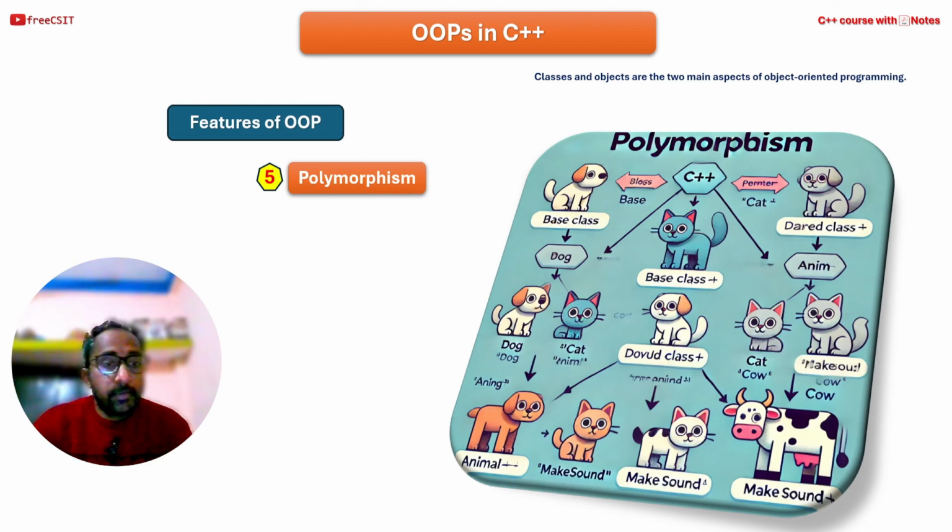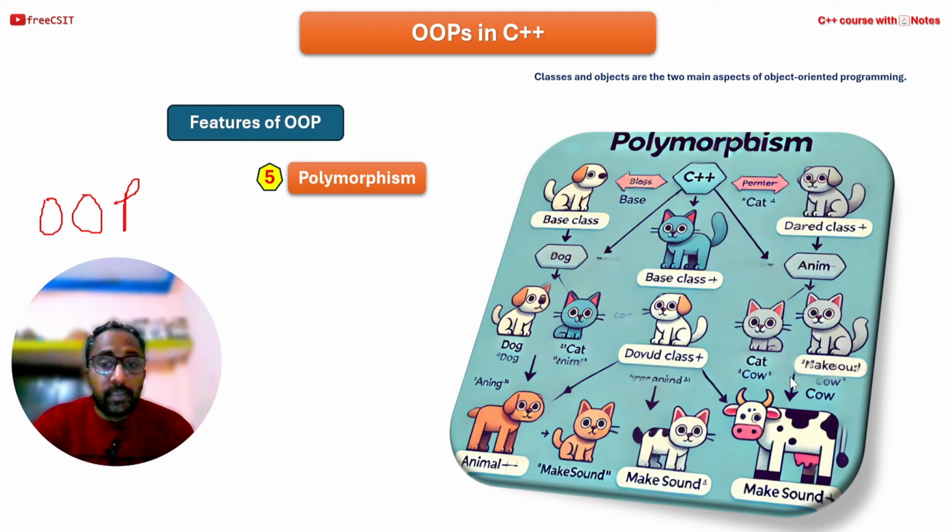You can see it is the core concept of OOP, and it allows objects of different classes to be treated as objects of the common base class. Polymorphism enables a single interface to be used for different types, improving code reusability and flexibility.